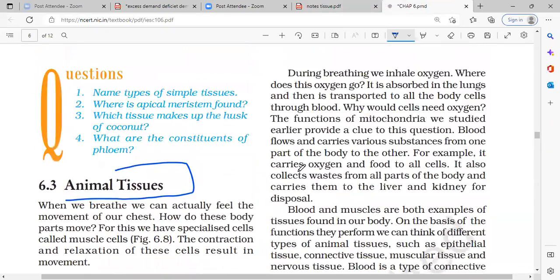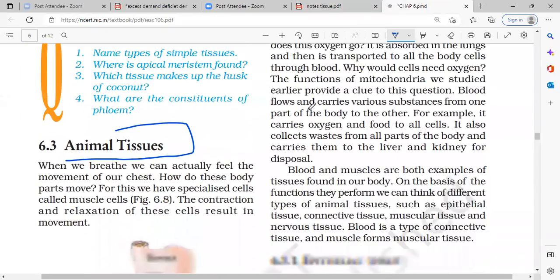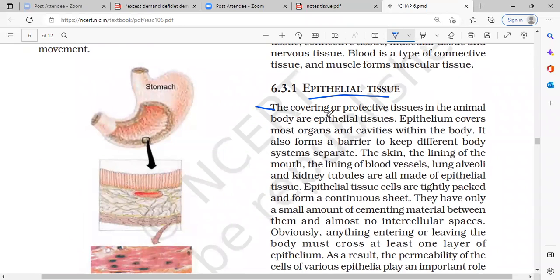So let's just look over here. The covering or protective tissue in the animal body is epithelial tissue. Second point, epithelial tissue covers most organs and cavities of the body. So for example, this is the organ, and epithelial tissue will always be present over here as the covering.